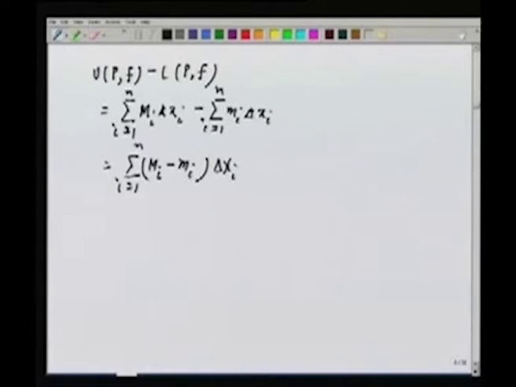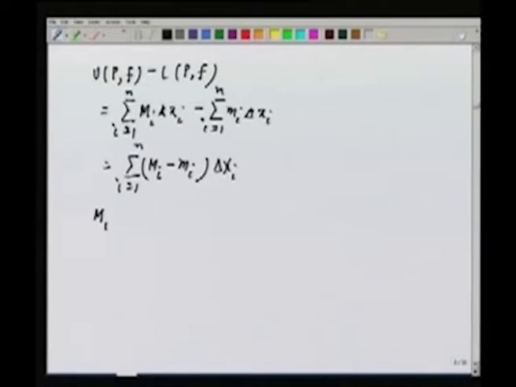Now these delta xi's, I know they are less than delta. But what about this capital Mi minus little mi? This is where I am going to use the uniform continuity, because what is capital Mi?